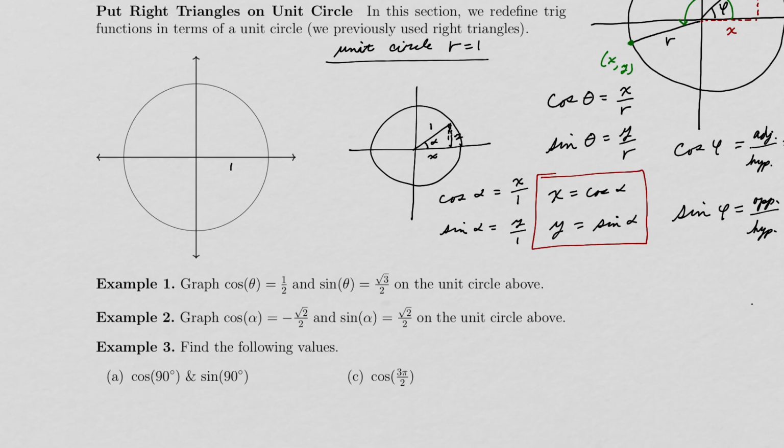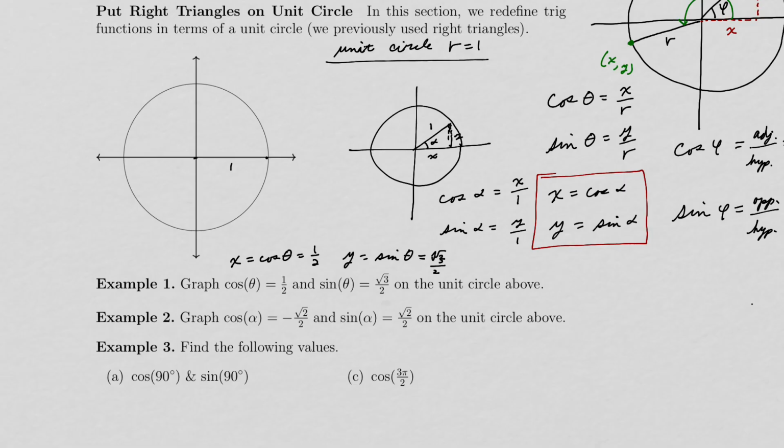The distance from here to here is going to be 1. And because of that, by definition, x is equal to the cosine of the angle, which in this case is 1/2, and y is equal to the sine of the angle, which in this case is radical 3 over 2.